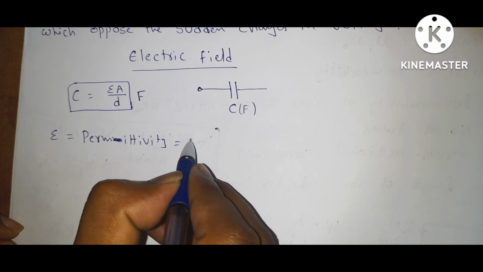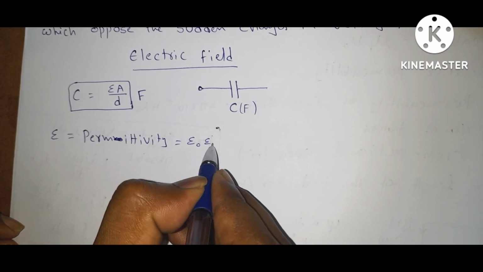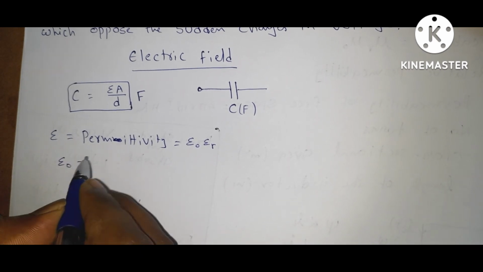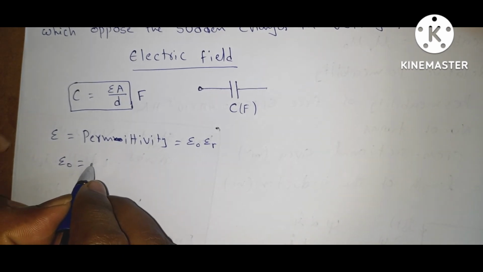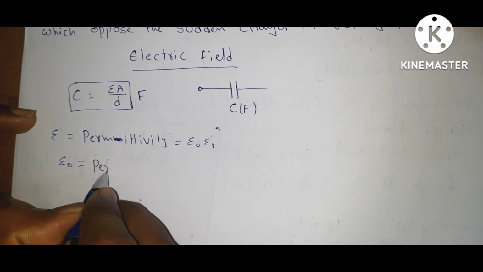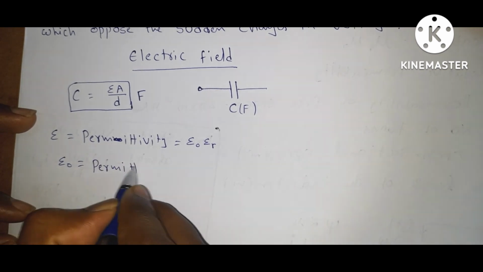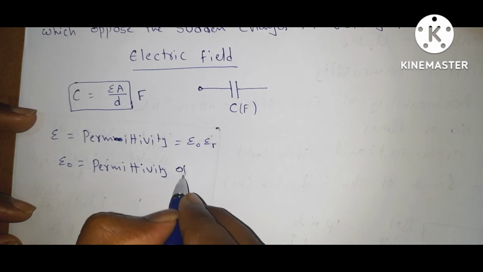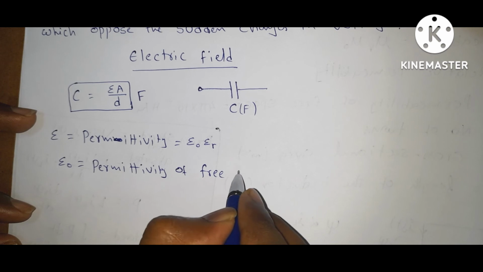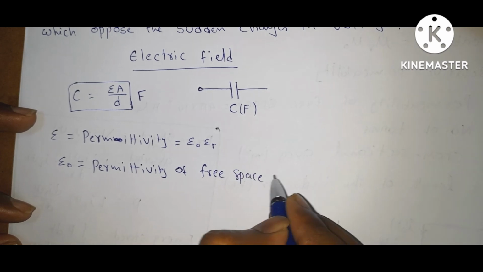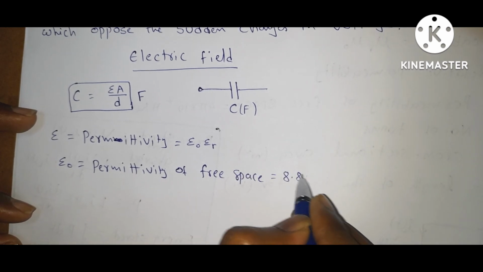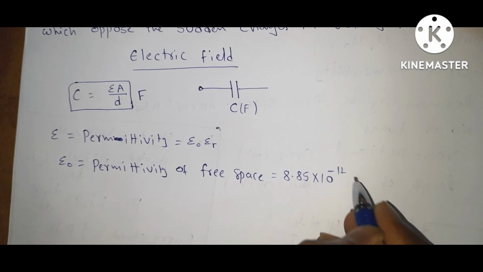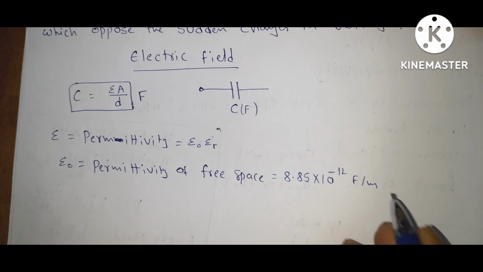This can be written as epsilon naught into epsilon r, where epsilon naught is the permittivity of free space, and the value is 8.85 into 10 power minus 12 farad per meter.